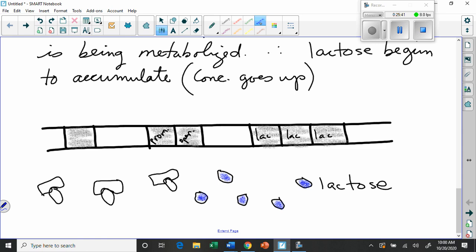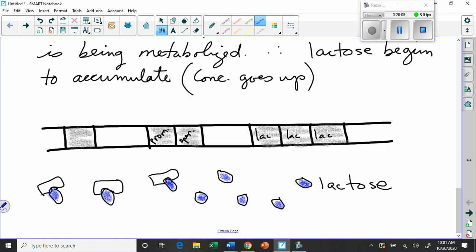And once they're bound here, their shape renders them now inactive. So they cannot bind to the operator site. Yes? Is that allosteric regulation? I suppose it is kind of a form of that. Usually we use that term when we're talking about regulating a particular enzyme itself, not the gene that codes for it.